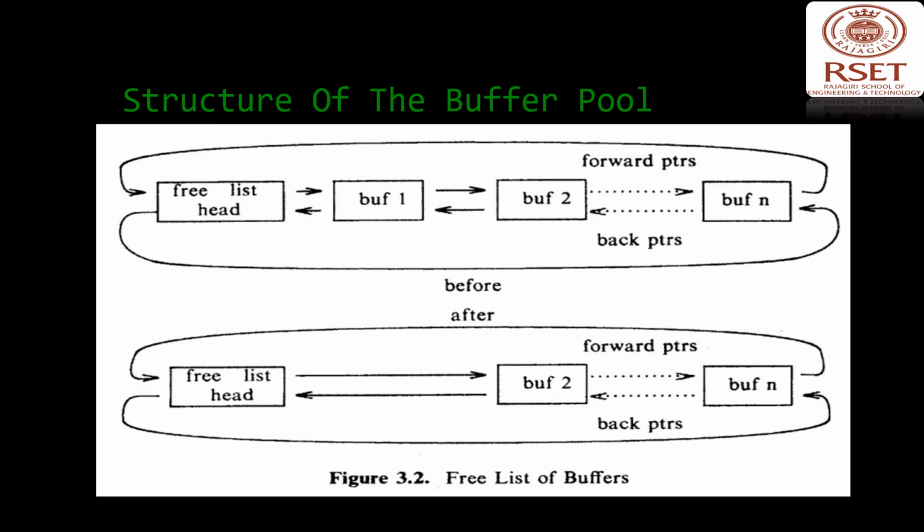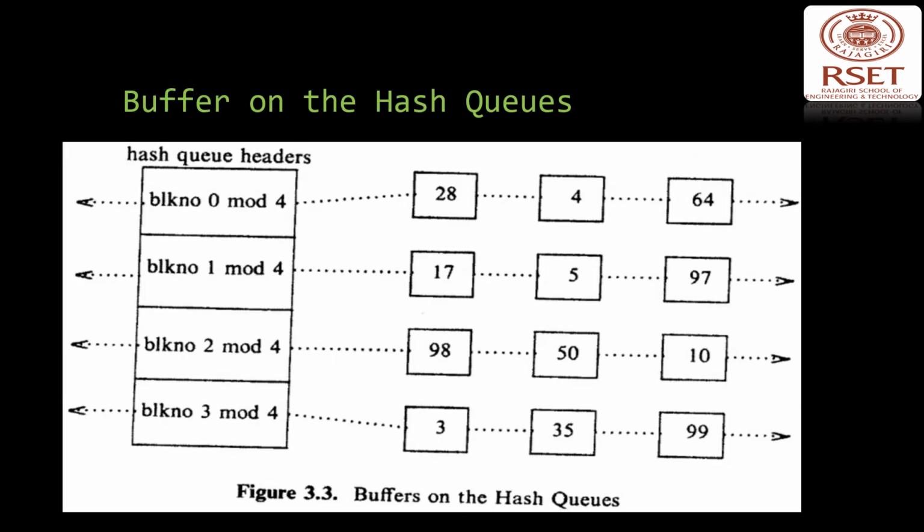When the kernel accesses a disk block, it searches for a buffer with the appropriate device and block number combination. Rather than searching the entire buffer pool, it organizes the buffers into separate queues, which are hashed as a function of the device and block number. The figure depicts buffers on hash queues, and the figure is taken from your reference text cited in the reference section as number 1.